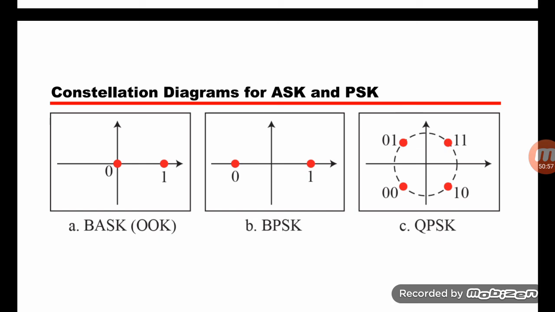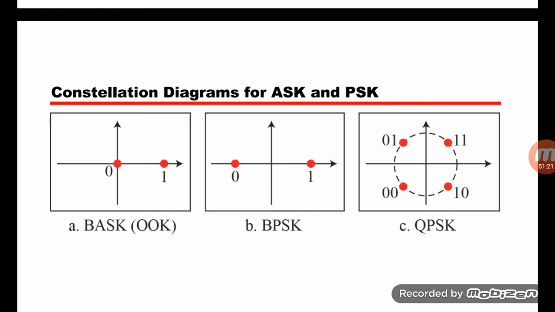There is another example. Look at this one, binary phase shift keying, BPSK. What is happening here? For bit 0, I am sending this dot, and for bit 1, I am sending this dot. If you look at these two, this amplitude and this amplitude are the same. They have to be the same because it is phase shift keying; I should not change the amplitude. But you see the phase is changing.